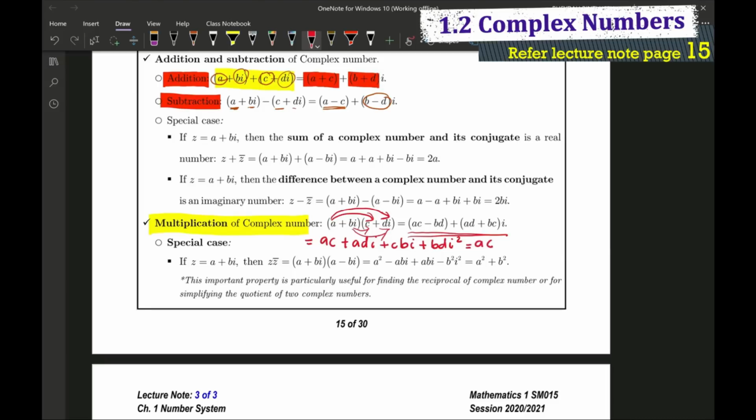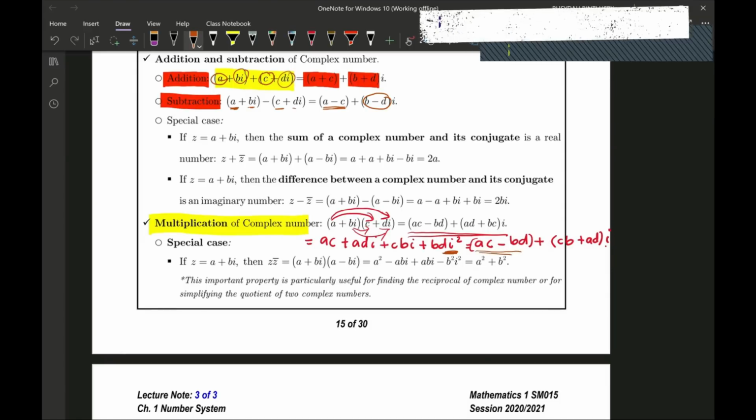So AC minus BD plus (CB plus AD)i. Why does it become like this? Because i squared becomes -1. That's why i squared is eliminated and changed to -1, so we get AC minus BD.